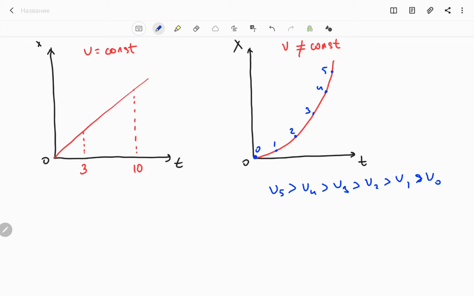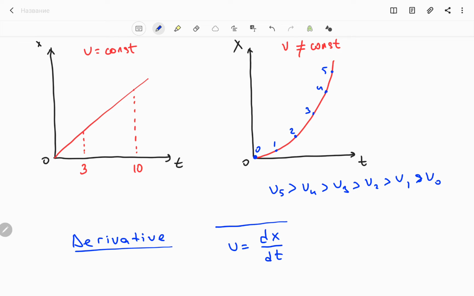What can we do? Here you should remember about derivatives. What is a derivative? Actually, the definition of velocity is the derivative of displacement, distance, with respect to time.